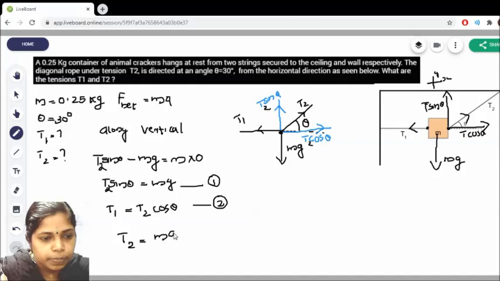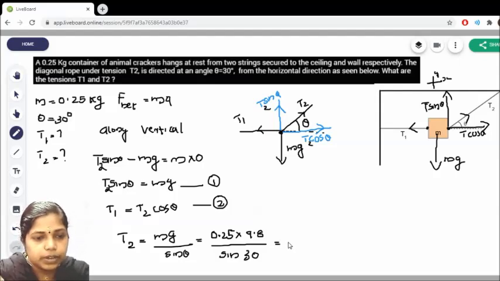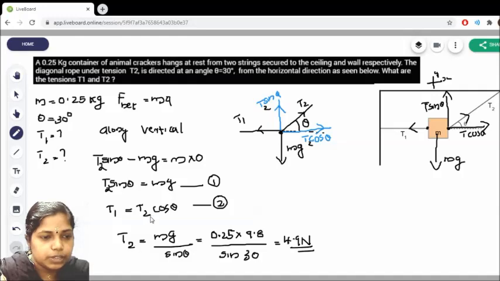From equation number 1, T2 is equal to mg divided by sin theta, equal to mass is given 0.25 kilogram into acceleration due to gravity 9.8 divided by sin 30. Okay. So while doing this, we will get the answer as 4.9 Newton. So T2 is 4.9 Newton. Now substituting the value for T2 in equation number 2, we will get the value of T1.